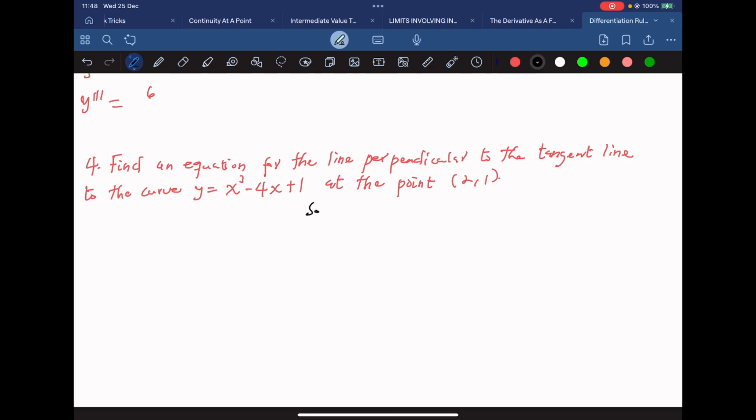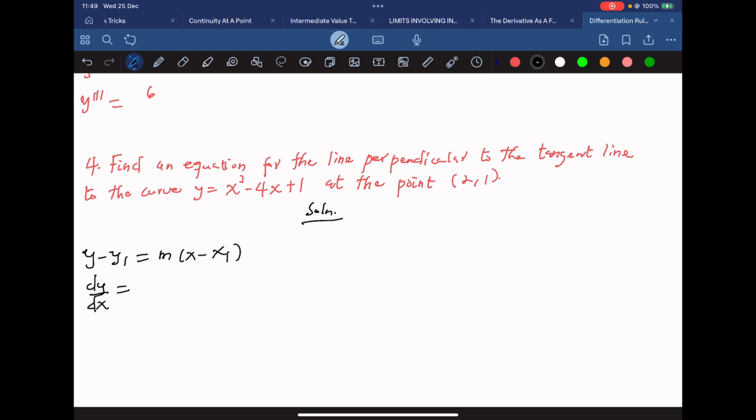In this case, note that the equation of a tangent line, as we know, is y − y1 = m(x − x1), where m is the slope. So first of all, we have to find our slope, which is dy/dx.